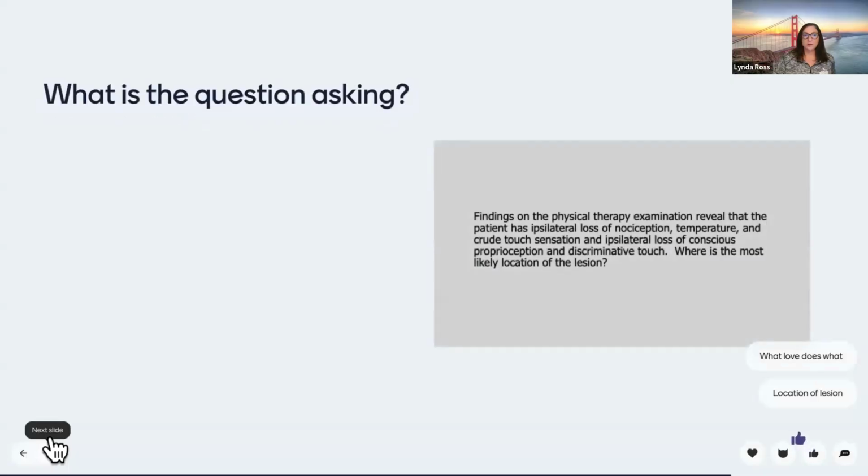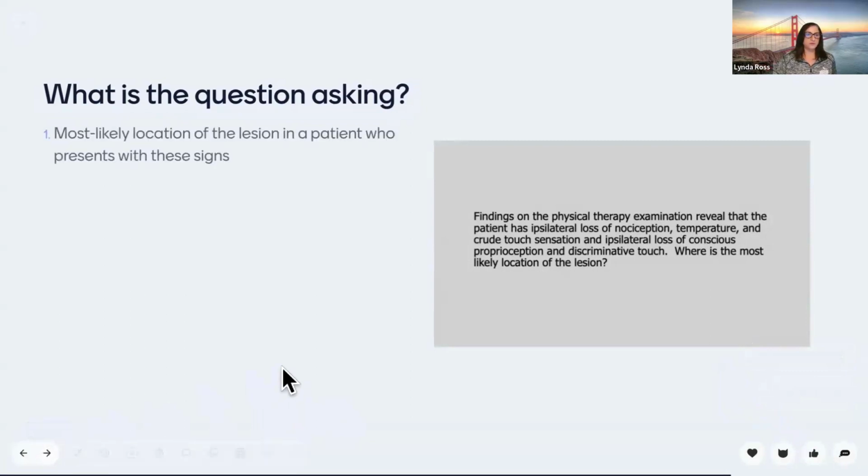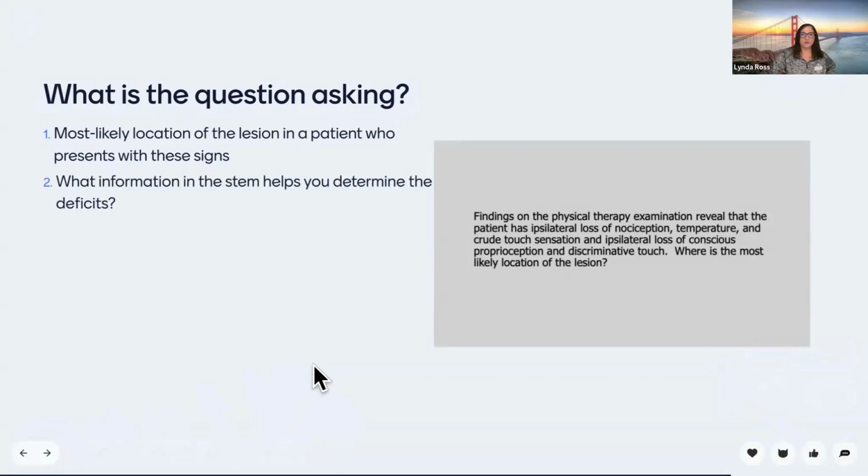Okay, so what is the question asking? Most likely location of the lesion in a patient who presents with these signs. We're looking for the most likely. I actually think I have another question after this. I was able to write one more.